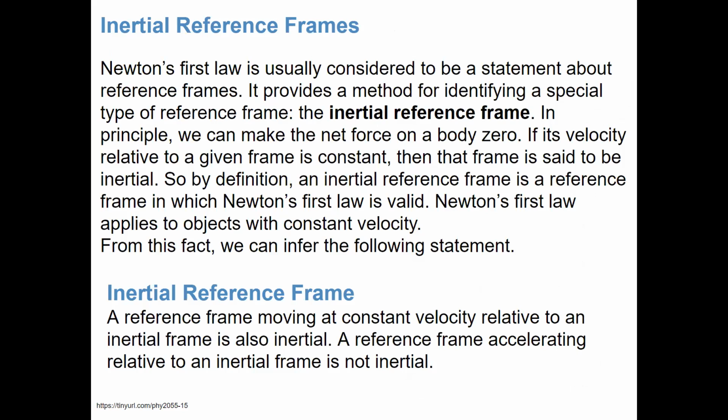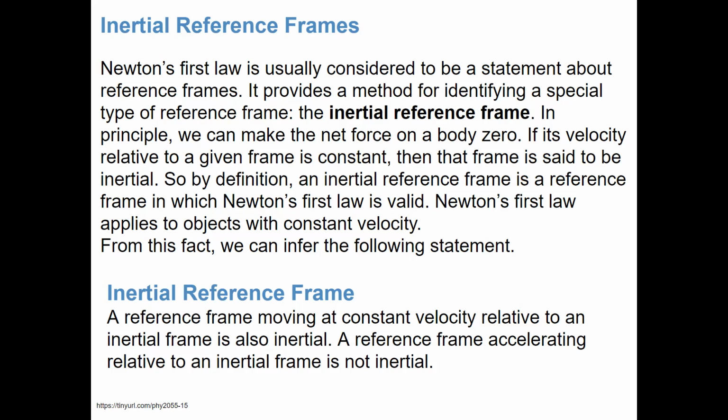When we talk about Newton's first law of motion, or the law of inertia, we can also bring up this concept of inertial reference frames. When we talk about the motion of an object, if it's having constant velocity, then we can use the object as our inertial frame of reference.